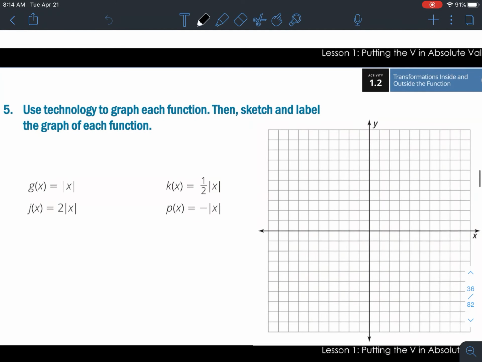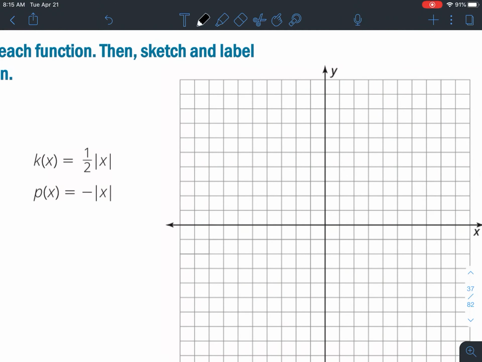So this first one, we should be able to do without even the use of technology. We know it's going to be 0, 0, and it's going to look like a normal V here at every single one point. So you can draw and hold the line.